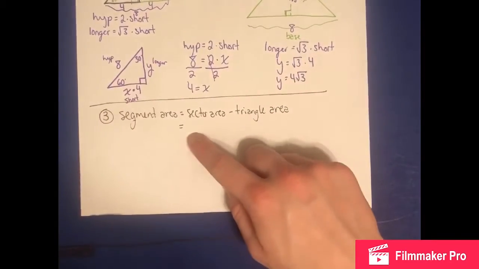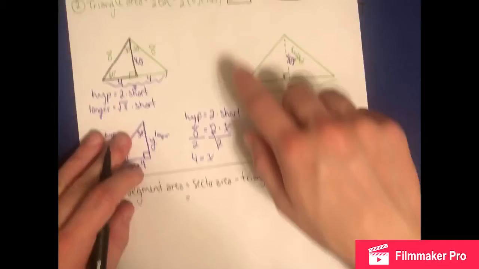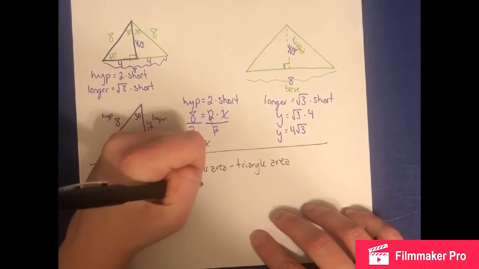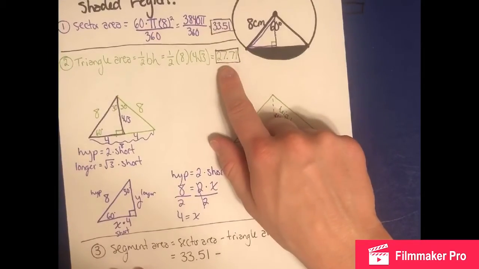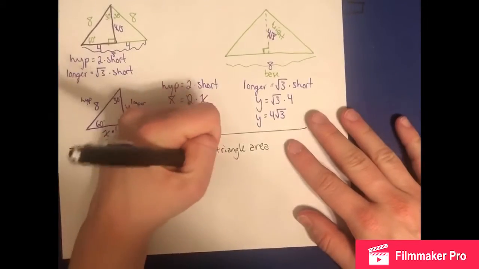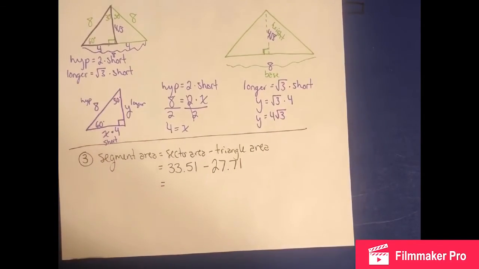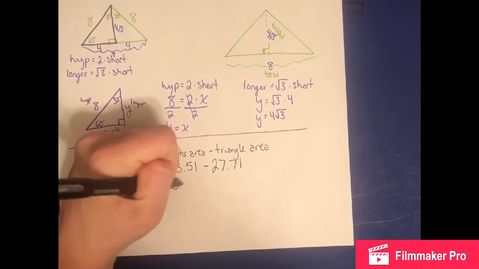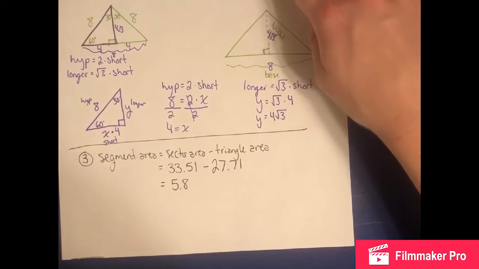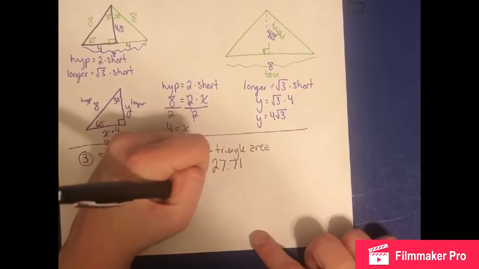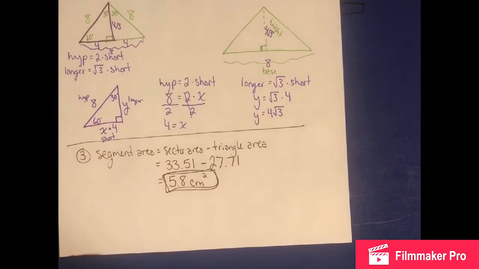So my sector area I found to be 33.51 minus the triangle area, 27.71, equals, and when I do that I get a final answer of 5.8. And just make sure you have the correct units. We were talking about centimeters here, and this is area, so I'm going to have centimeters squared. And that is my final answer for that.